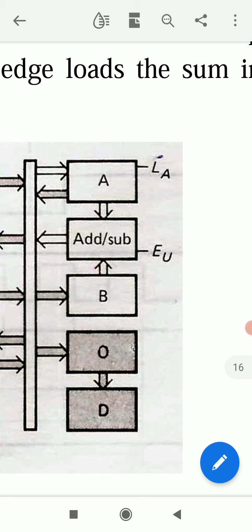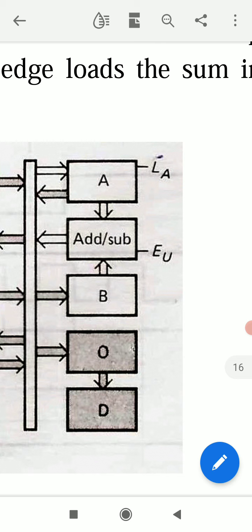Accumulator word goes to adder subtractor directly, and the word from B register goes directly to adder subtractor, where these two words are added, and this added word goes to accumulator only when EU is active and LA bar is active.